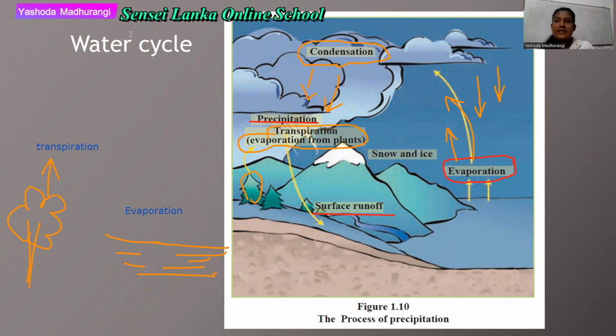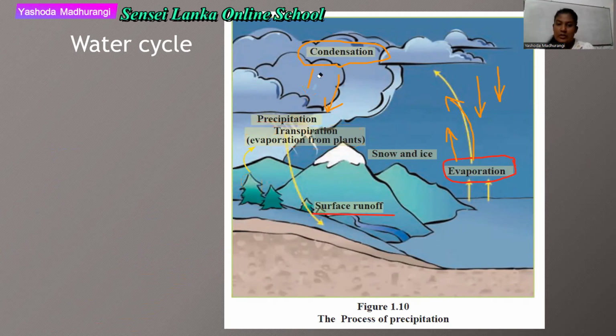That means making the clouds. Once again, it comes as rainfall, precipitation. So it is a cycle. So this process is called the water cycle. So now I think it is clear for you. What is water cycle? I think it is clear for you.